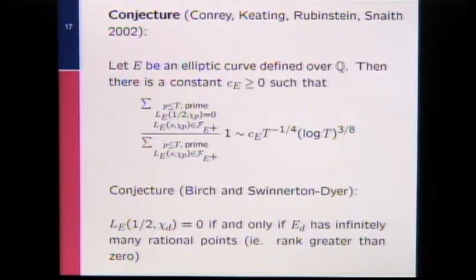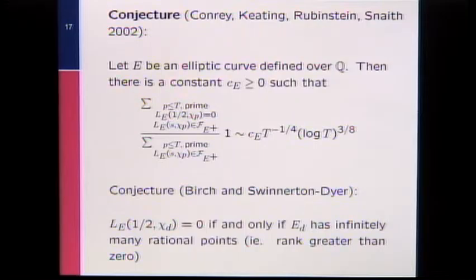The shape of that curve gives you this prediction: the proportion of these curves is like T to the minus a quarter, log T to the 3/8. There are other methods which don't involve random matrix theory for predicting the T to the quarter, but I think there's no other way than random matrix theory, using the detailed knowledge of the shape of that purple curve, to get the power on log T. So random matrix theory is vital to this conjecture.